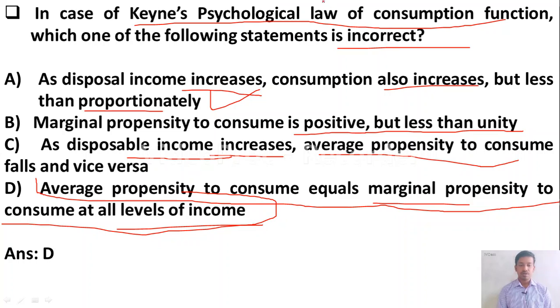According to Keynes psychological law of consumption, when income increases, consumption will also increase, but less than the increase in the income. And marginal propensity to consume is positive, but it is less than unity. This is also true here. And as disposable income increases, APC starts falling.